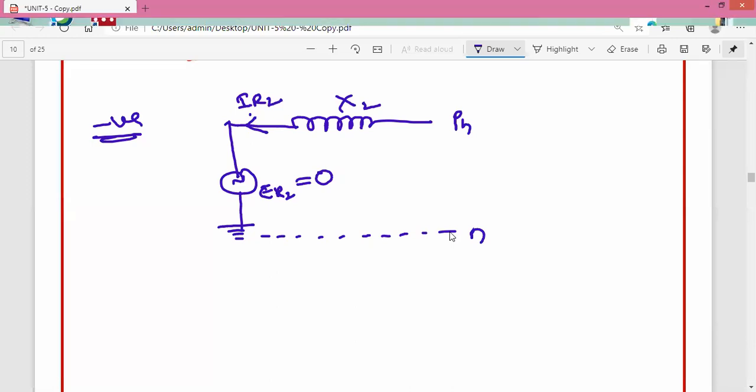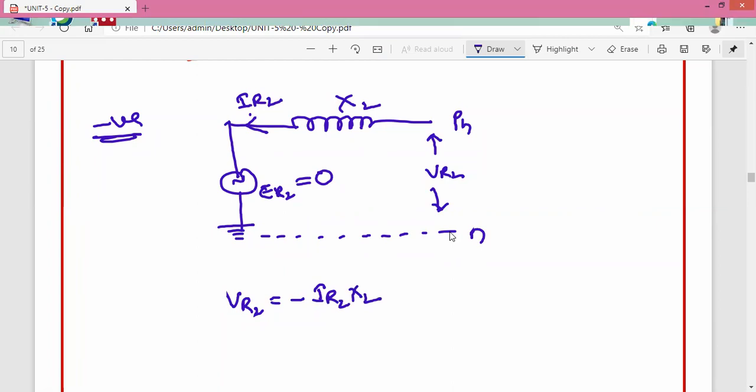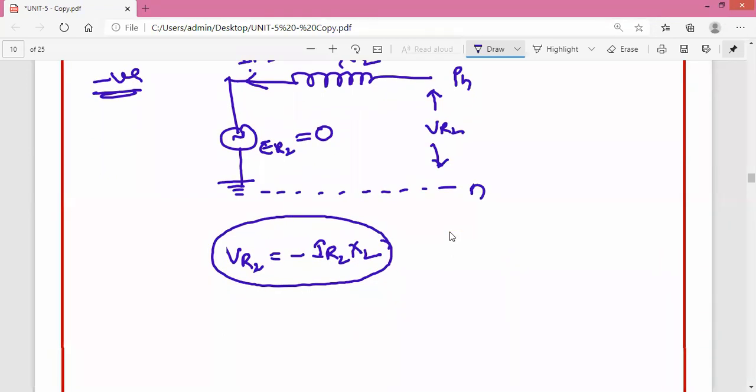So this is VR2. Actually it would be IR2 into X2, but because of the negative sequence component, I am writing it as minus IR2 X2, since it is flowing towards the generator. So this is the negative sequence component representation. The only difference is that ER2 is equal to 0.